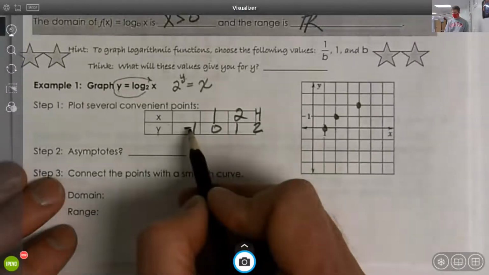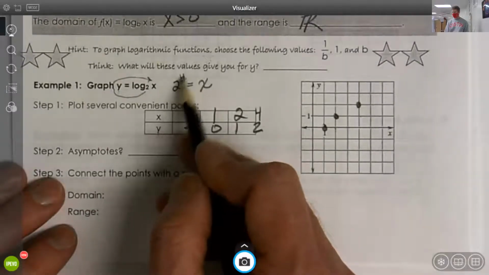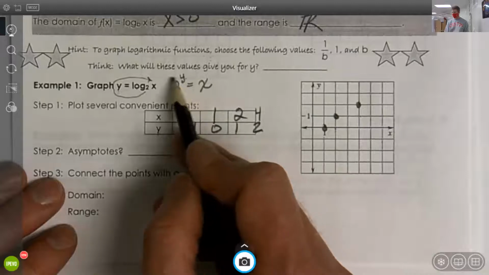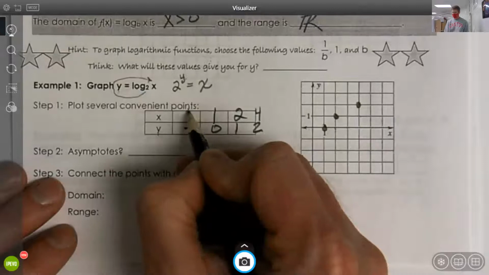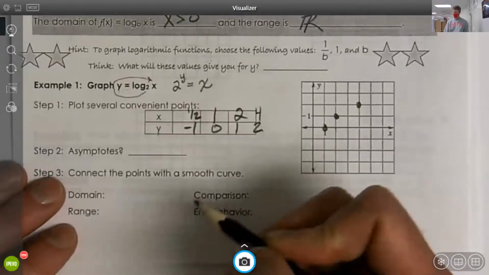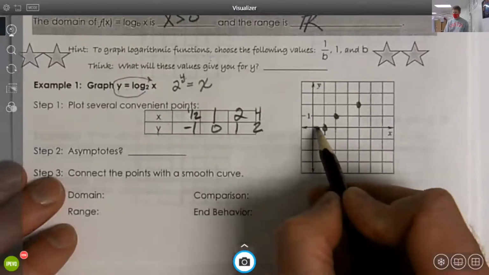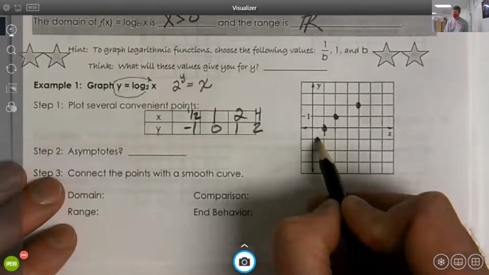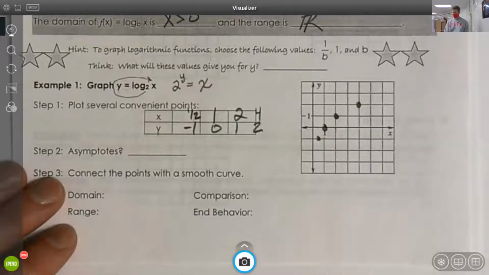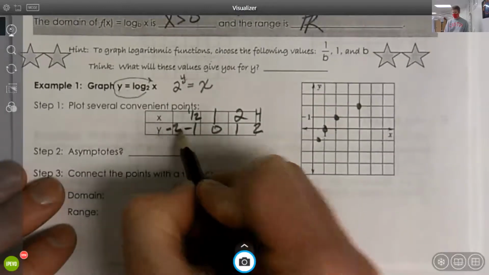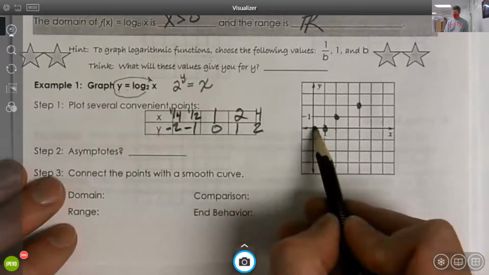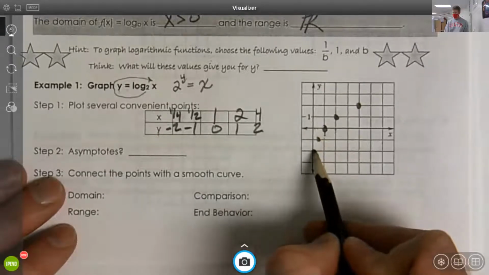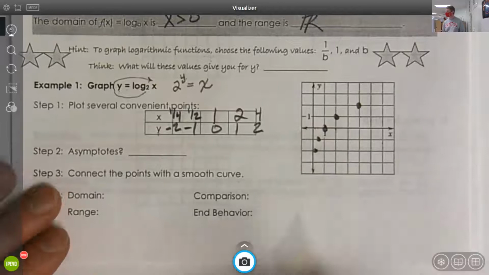At y equals -1, when you have a negative exponent, that means take your base and put it into the denominator. So that's going to be 1/2. So when x is 1/2, you're down at -1. At -2, that would be 1/4. So when x is 1/4, we're down at -2, and so forth.